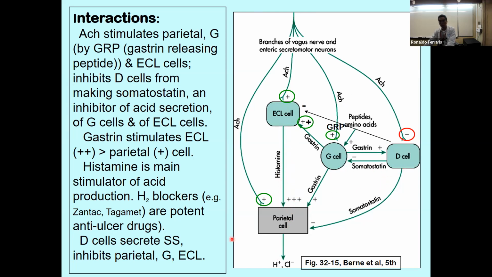The D cells make somatostatin and it inhibits, shown here, parietal cells. It inhibits the G cell, shown here, and it inhibits the ECL cells. So the D cell making somatostatin not only inhibits the parietal cell, as I've shown you before, but also the G cell and the ECL cell.